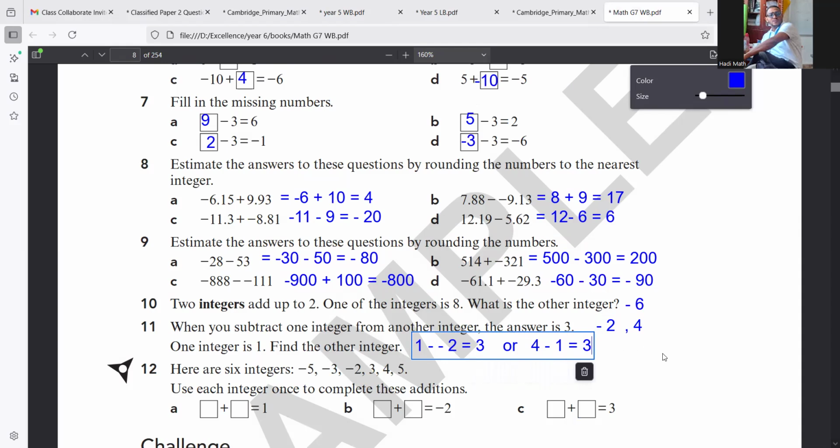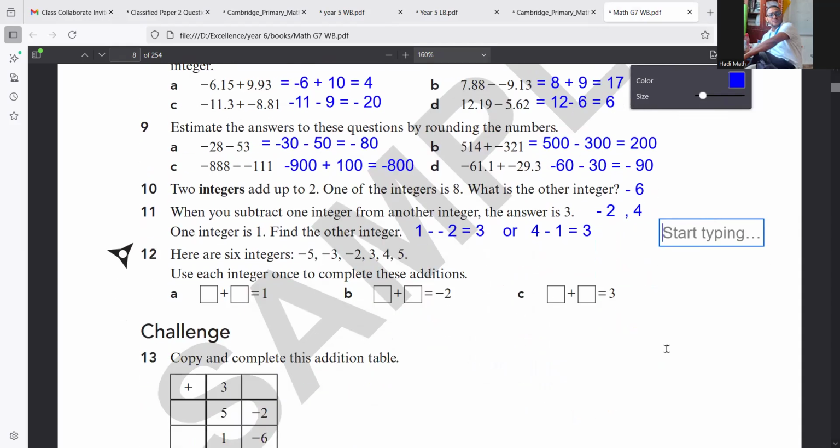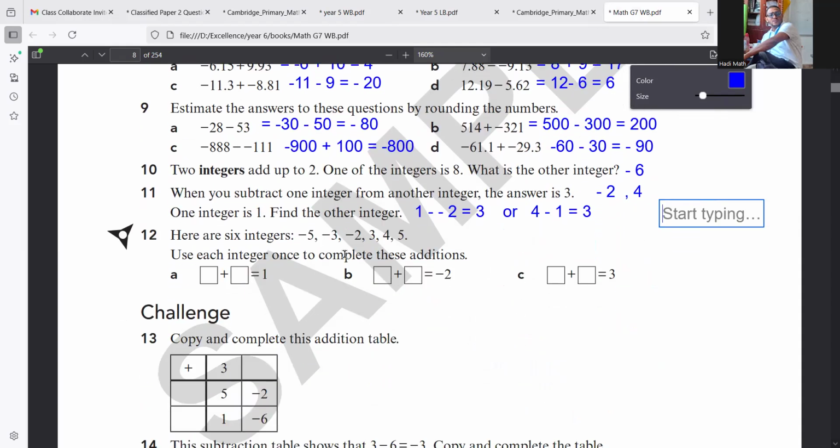Well, let's go to question number 12. They say here are 6 integers: -5, -3, -2, 3, 4, and 5. Use each integer once to complete these additions. The number plus number will give you 1. You don't have zeros here, so show all the possible answers that could give you 1.